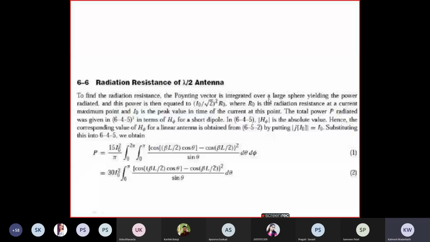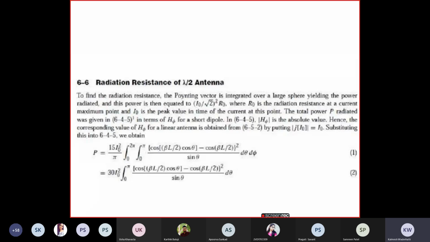Earlier you derived the equation for the radiation resistance of the short dipole. Now we are deriving the equation for the radiation resistance of the lambda by 2 antenna.